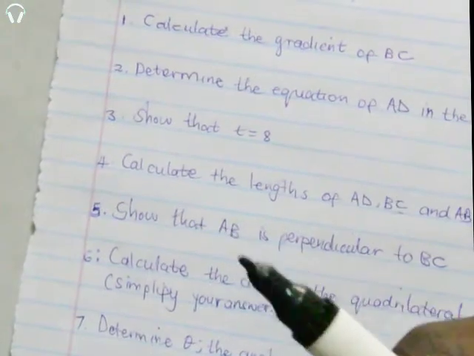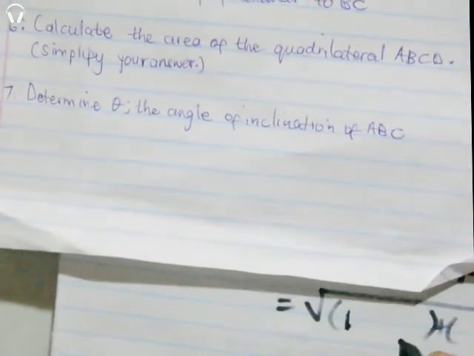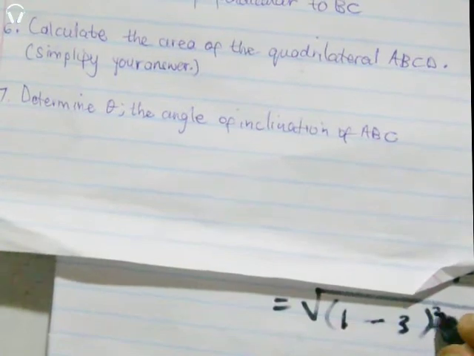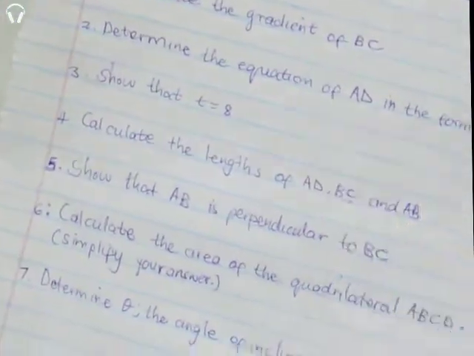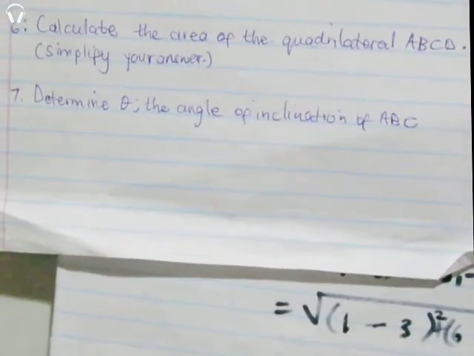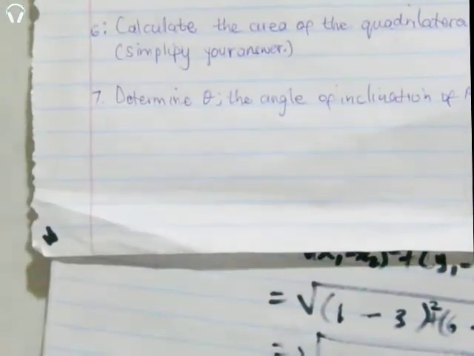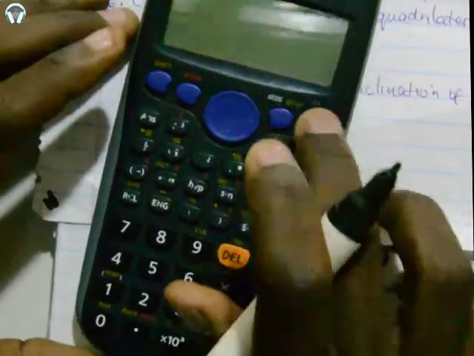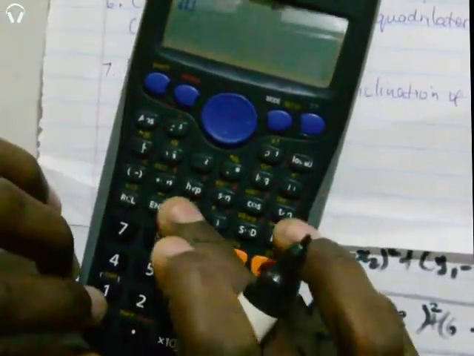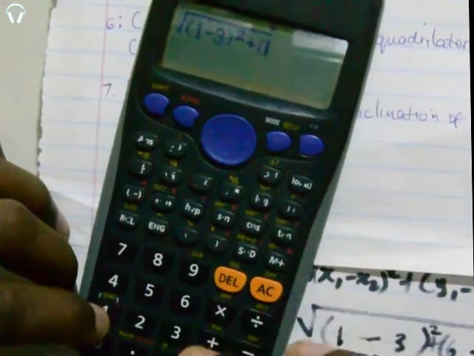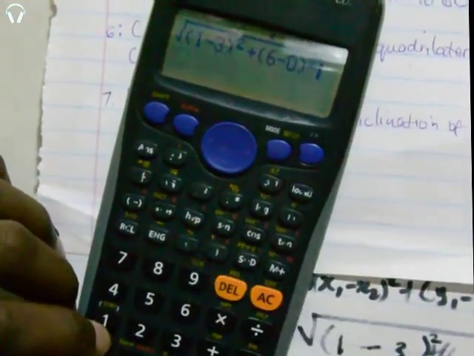So I'm taking A as my x1 and y1, so in this case 1 and 6 are my x1 and y1. So 1 minus 3 all squared, and also 6 minus 0 all squared. The easiest part of them all becomes the root of (1 minus 3) squared plus (6 minus 0) squared.